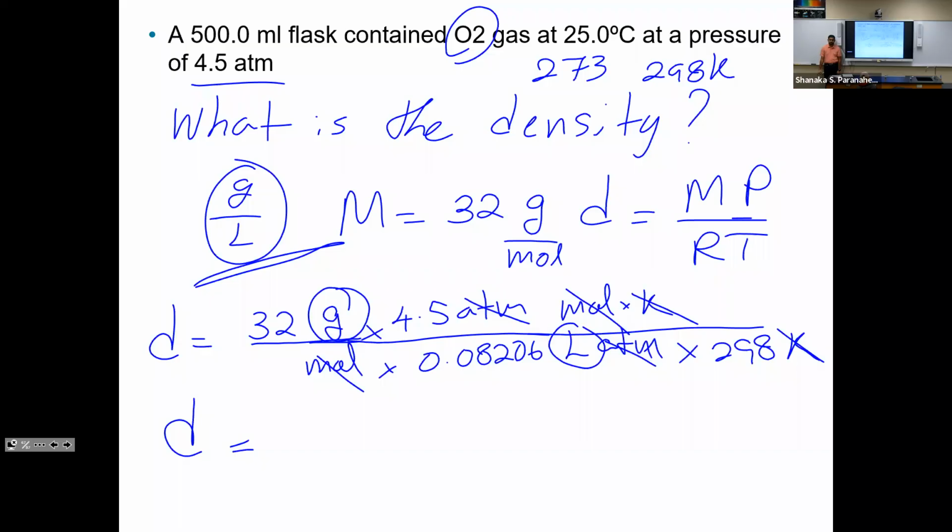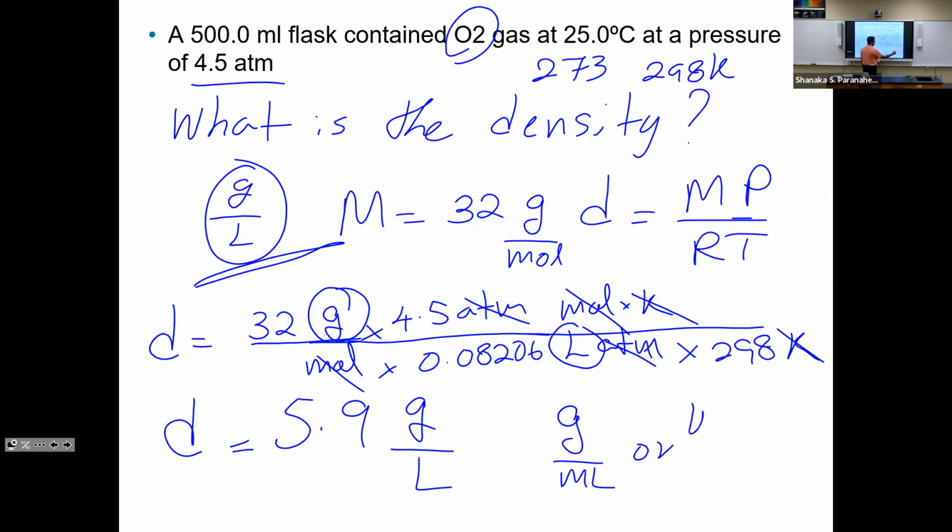What is the answer? Usually, in other places you will see density units as grams per milliliter or kilograms per liter.